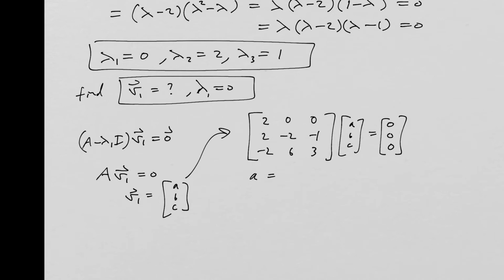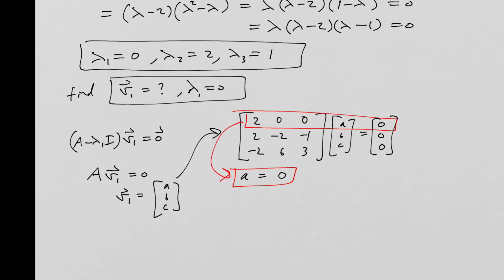Clearly a is going to be 0 straight away. We can see that because if we look at the top row of this matrix, there's only one way that that equation is going to equal 0, and that's if a is equal to 0. So that simplifies my problem quite a bit, and now I just have to worry about b and c. So we have negative 2, negative 1, 6, 3 times the vector b, c, equal to 0, 0.